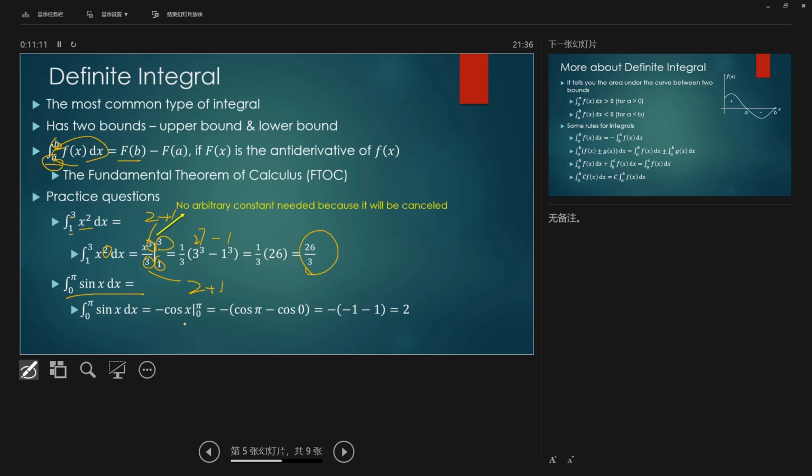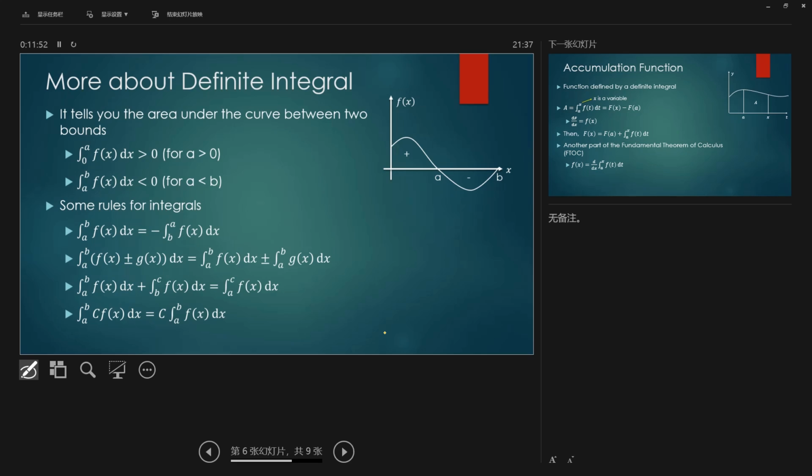Alright, so we just plug in pi first because it's the upper one, cosine pi, and the lower one, 0, minus cosine 0. Cosine pi is equal to -1, and cosine 0 is equal to 1, and -1 minus 1 is equal to -2 here. Sorry, -2 here, and we take the negative of -2, which is 2, obviously. Okay, so for this one, the answer is 2. Right, pretty simple, huh?